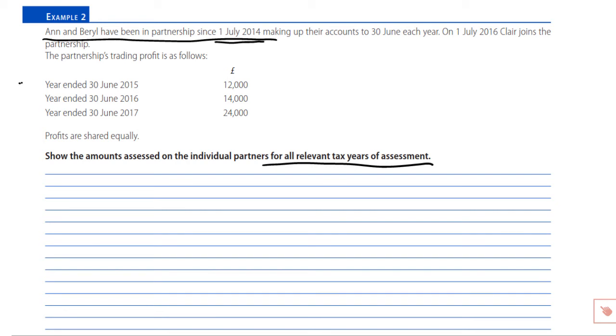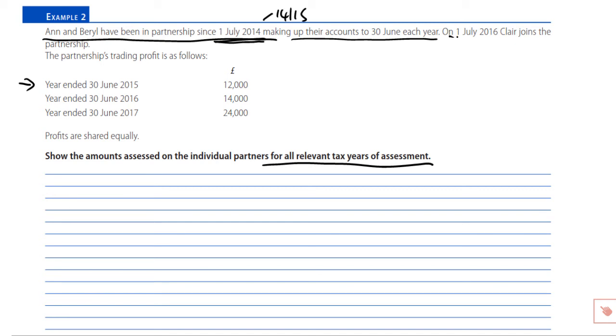That explains why they give you what was fortuitously, because they made up their accounts to 30th of June each year, what was firstly an accounting year ended 30th of June 15. That means that for Anne and Beryl, 1st of July 14, the 14-15 tax year is their first tax year.